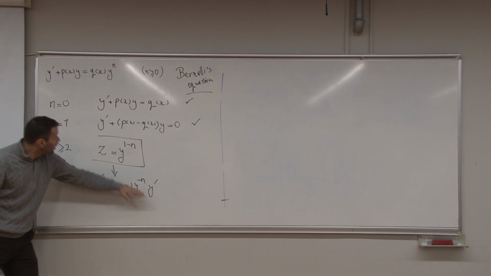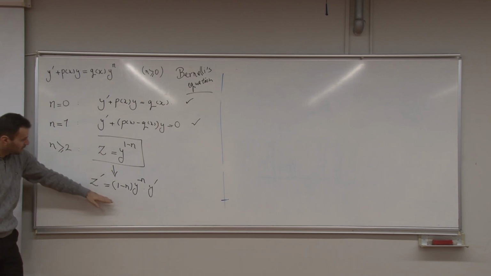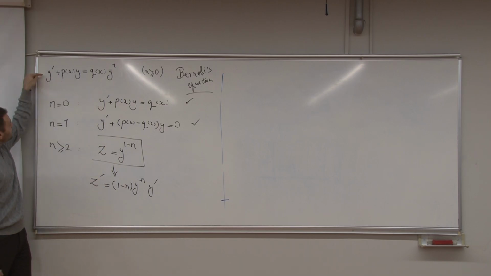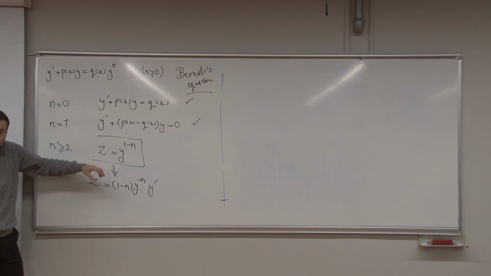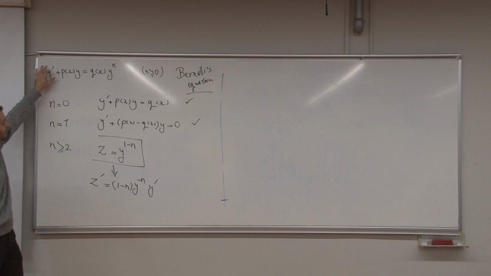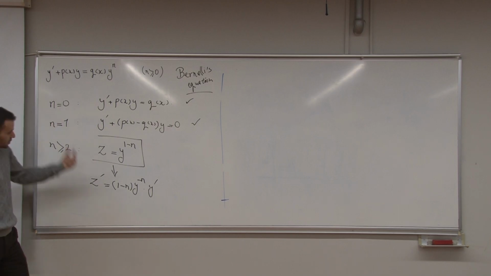Look at this and look at this equation. How can we manipulate this equation in order to use this to reduce it into something that we are familiar with? I guess we put the y power into one side and then the rest in the other. Yes.